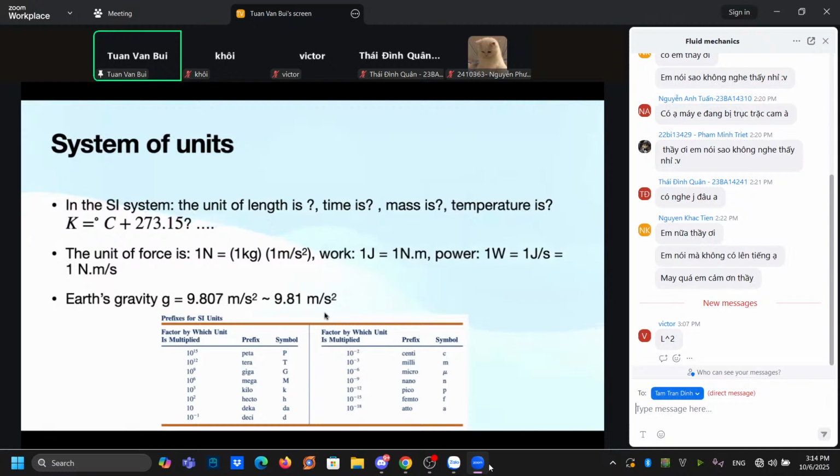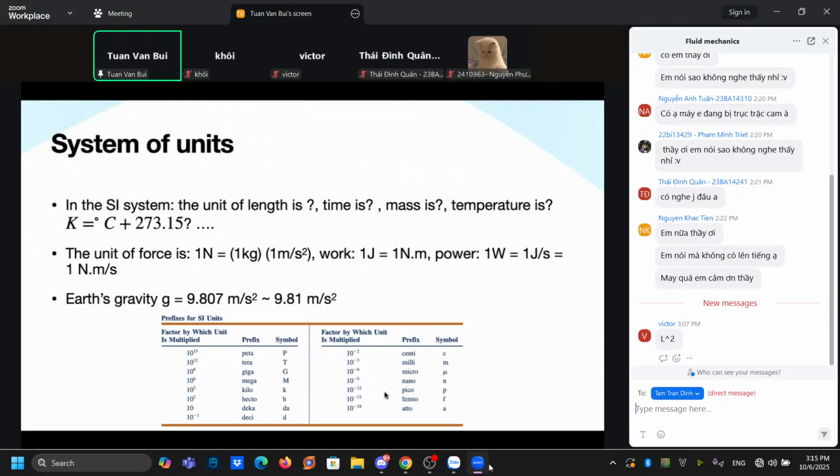Besides the standard unit, for SI we can use a prefix. For example, if the number is very large, on the order of 10 to the power 15, we can use the symbol P that stands for peta, or tera, giga, mega, kilo, hecto, deca, deci.